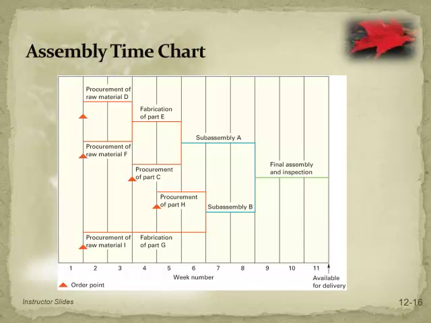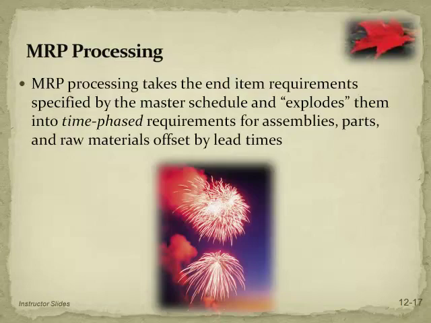And if we know how long it takes to perform each of these tasks, each of these assemblies, that is the lead time, MRP can perform what we refer to as backward scheduling. Working backward in time from some future date is what backward scheduling is all about.